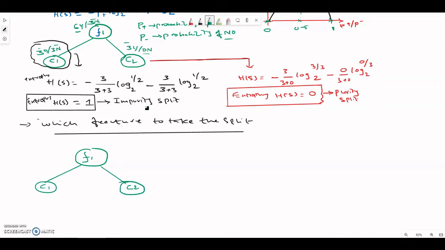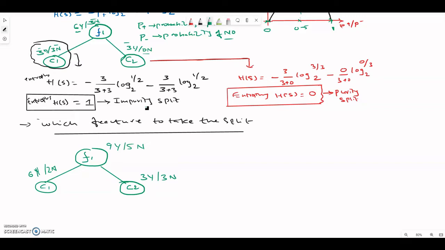For feature 1, let us say we have a total number of outputs with 9 yes and 5 no's, and here I would like to make it 6 yes and 2 no's, and 3 yes and 3 no's. This is my problem statement.